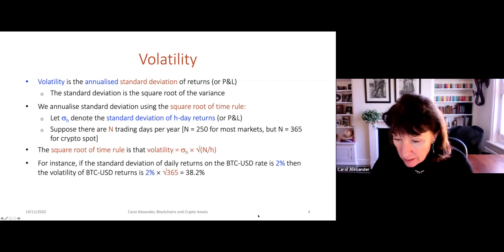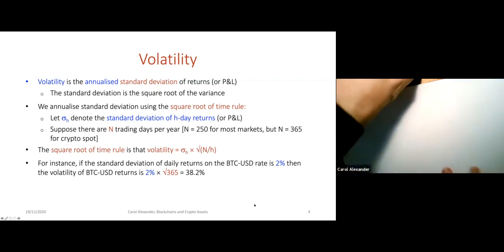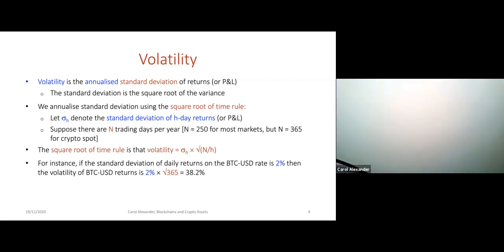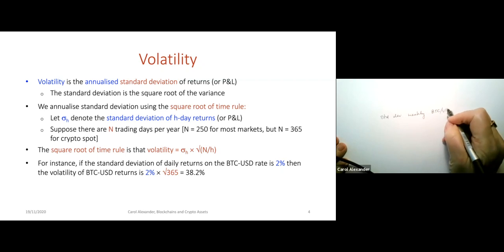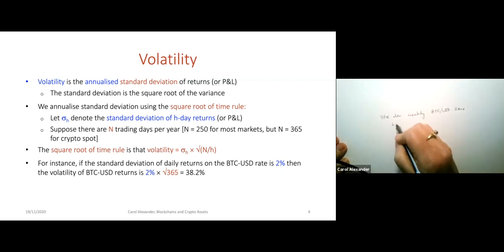I'll change my video to my little USB camera for a moment. If you've got the standard deviation of weekly returns, say Bitcoin US dollar returns, well, in that case, H is 7 because it's Bitcoin. It would be 5 if it were the S&P 500. And N is 365, not 250.